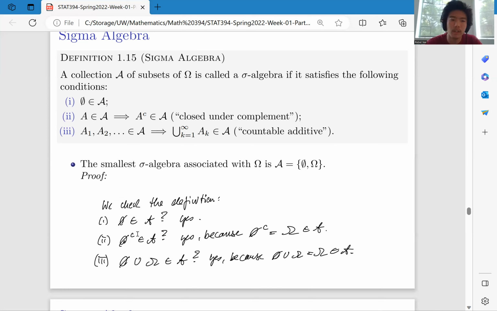Maybe yes, because if we pick the empty set as the set, its complement will be the sample space, which means that the complement is also inside. And if we take the sample space as our original set, then the complement is the empty set, which is also in fancy A. So the second one is satisfied.